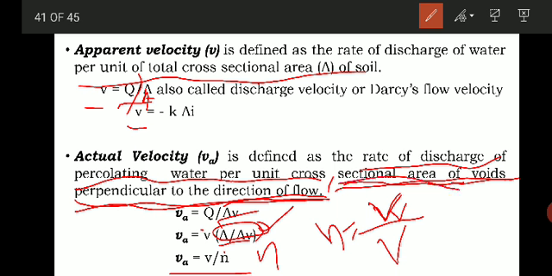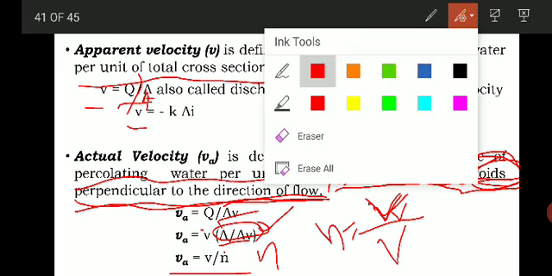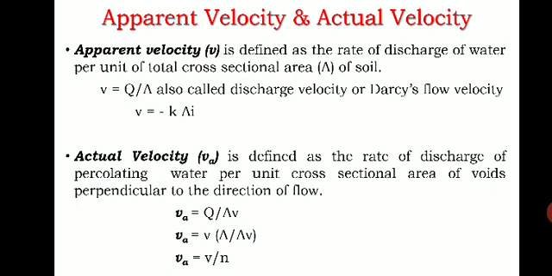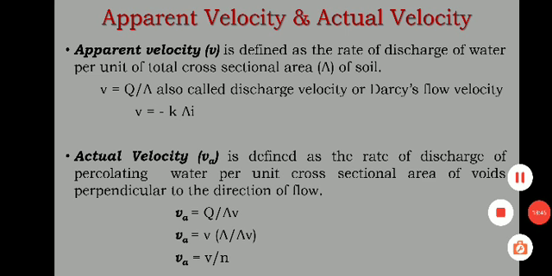So the cross-sectional area of voids we have considered is related to the volume of voids, and because of this you can write the actual velocity as Va equal to V by n. These definitions may also be asked in the exam, so they are important from the exam point of view: apparent velocity and actual velocity.